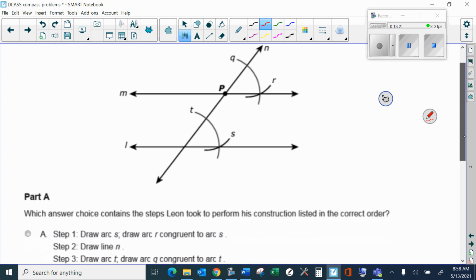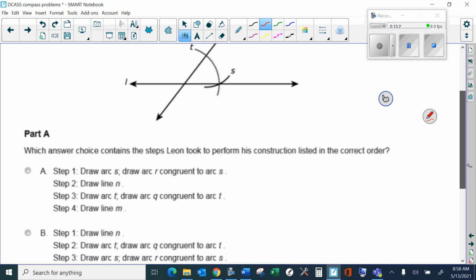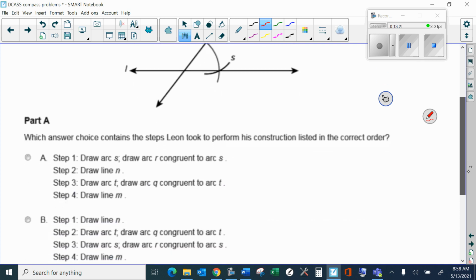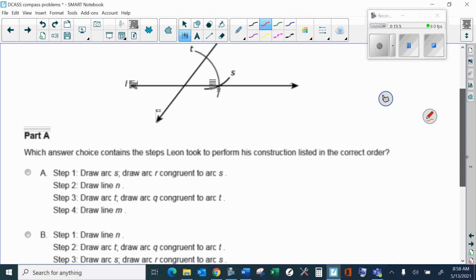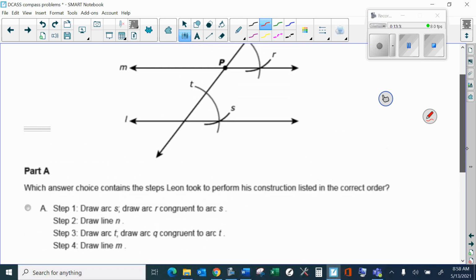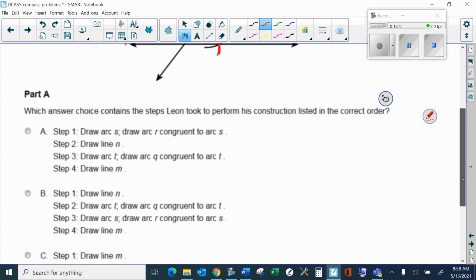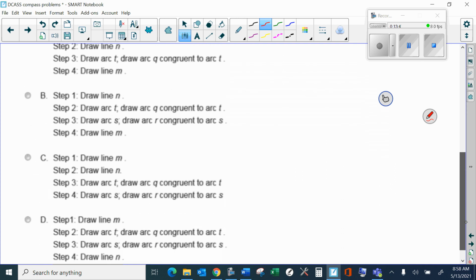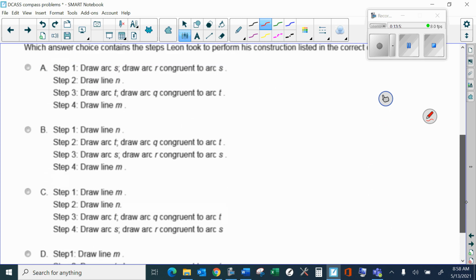So here we have another one doing the same thing. Which answer choice contains the steps Leon took to perform the construction listed in the correct order? Draw arc S. You can't draw arc S until you first have drawn this one. So you draw an arc T first.